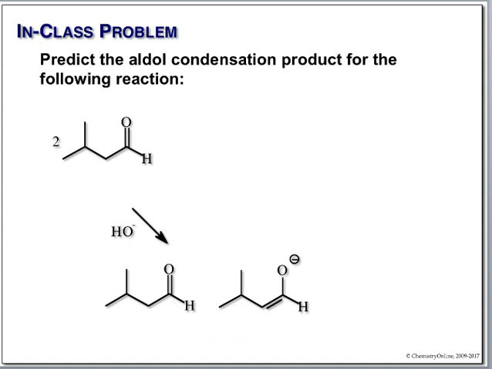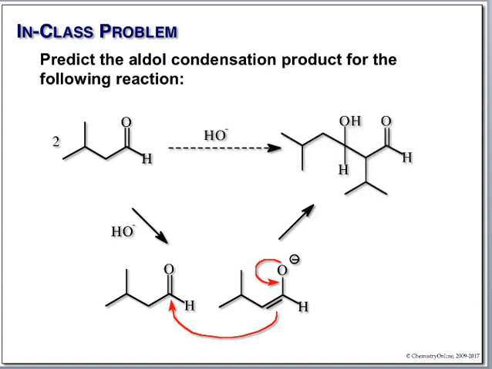The alpha carbon is going to attack the carbonyl of the next guy. This is going to be our hydroxyl group. We're going to be bonded through the alpha carbon, and the product will look like this. This half here, right here, this is the bond that we just made.